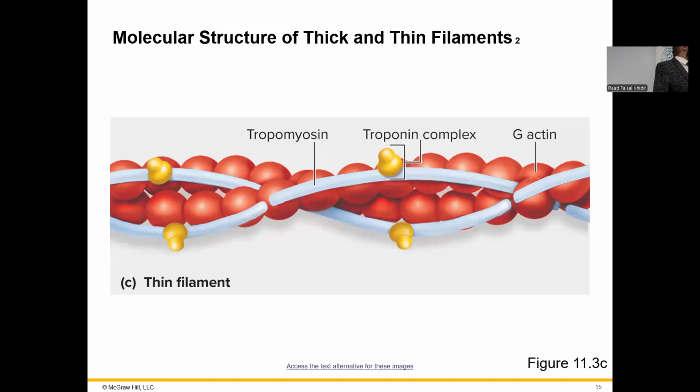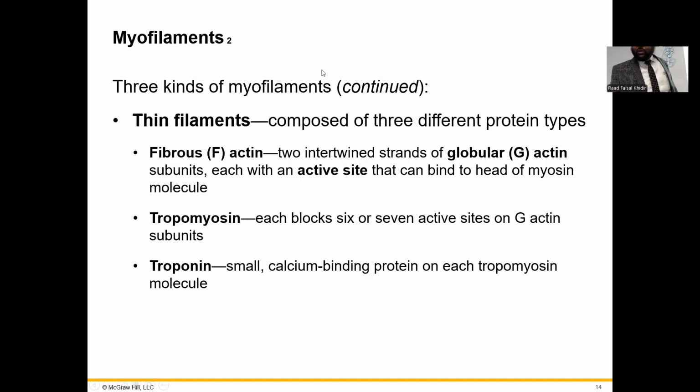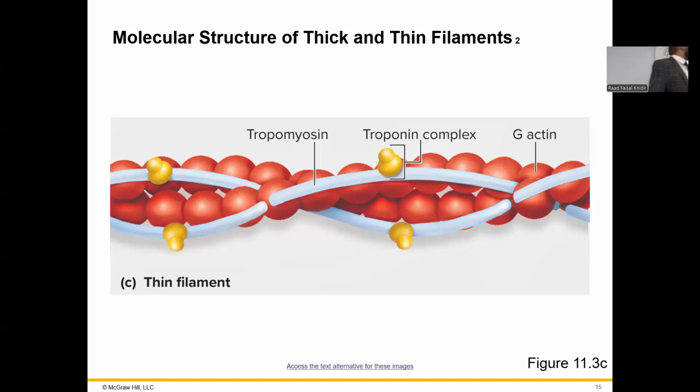But when calcium binds the troponin complex, remember, troponin is a small calcium binding protein. So on the exam, who's the protein that binds calcium? It is the troponin.